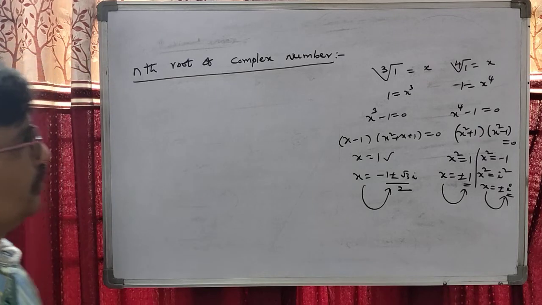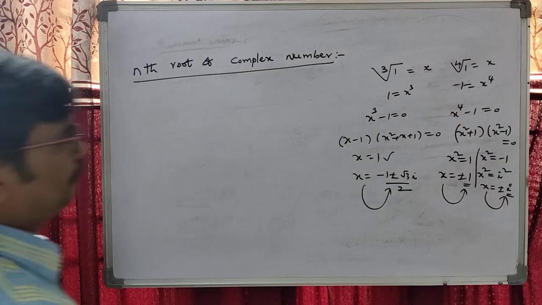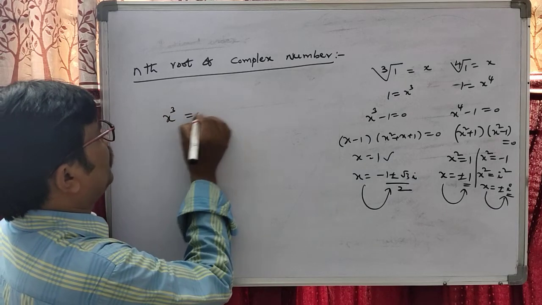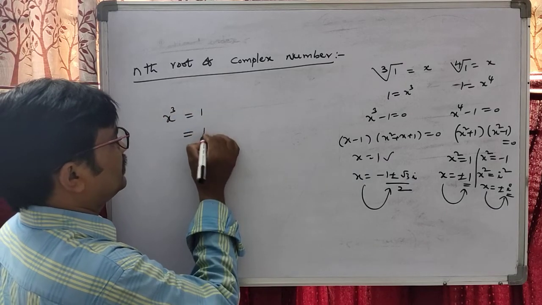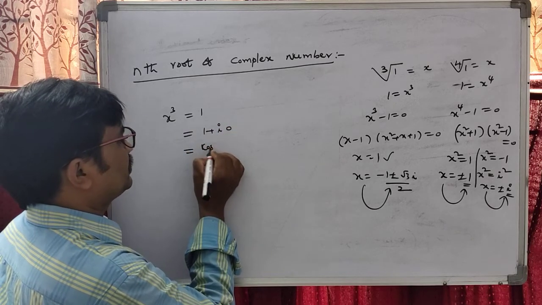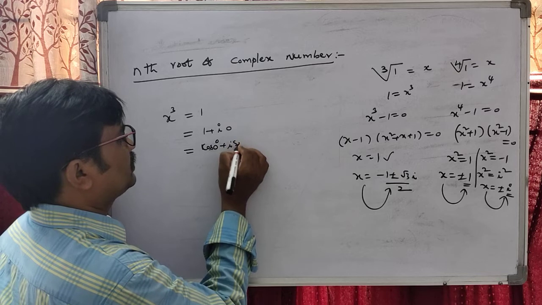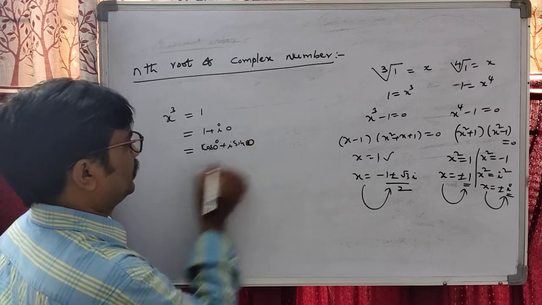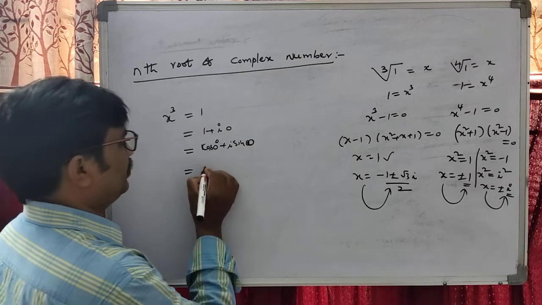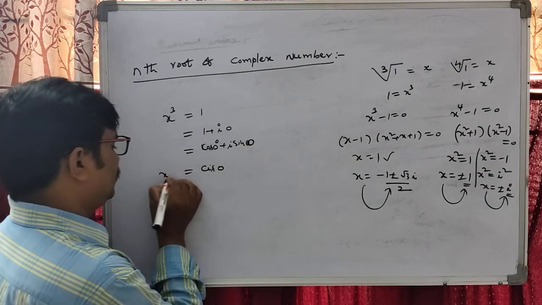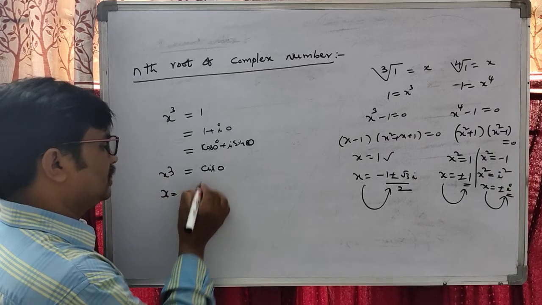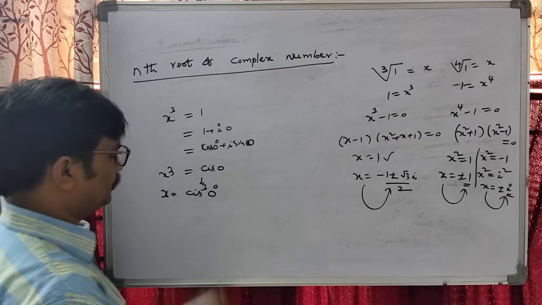Suppose students, how can you write this? Just 1 minute. x cube equals 1. 1 can be written as 1 plus i into 0, that is 1 is cos 0 plus i sin 0. First you write it in the polar form, cis of 0, so x cube equals cis 0 and x equals cis power 1 by 3 of 0.